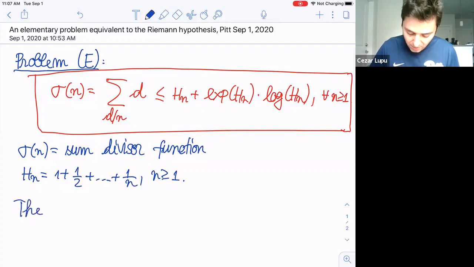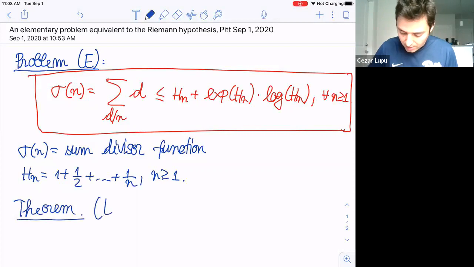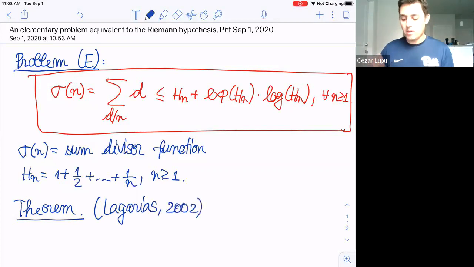But the problem is that this elementary problem, and I'm just going to state directly the main result, the theorem, which is due to Lagarias, and this goes back to 2002. It was published on arXiv a bit earlier, but I'm going to put the year that it appeared in the journal.